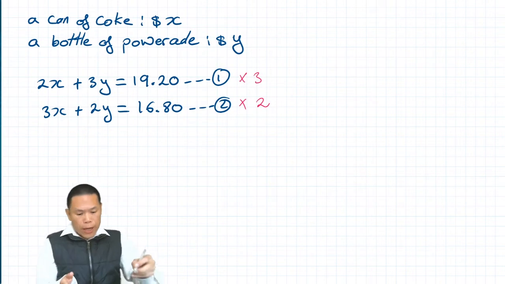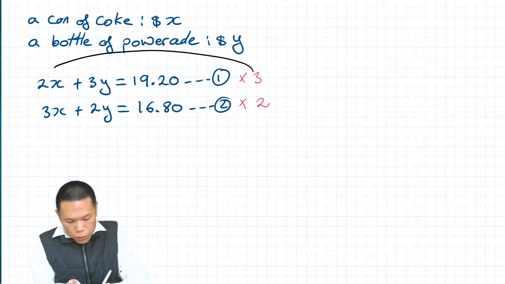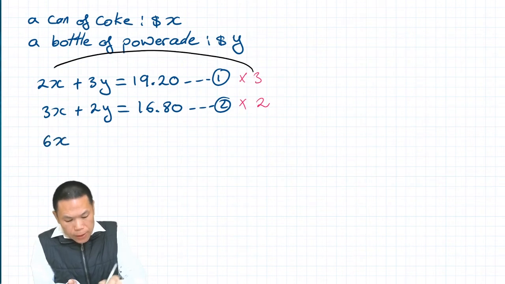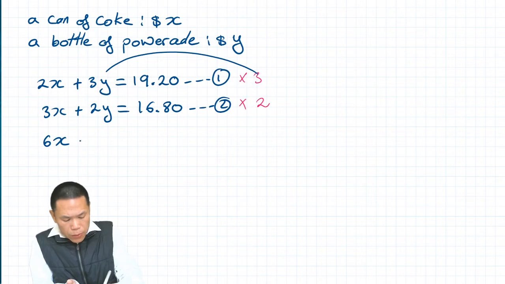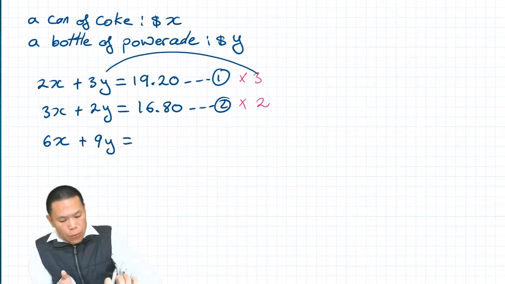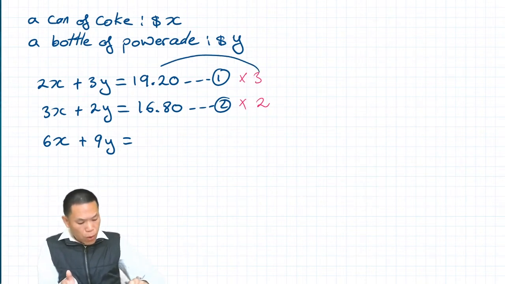So now we go 3 times 2, which is 6, so I write 6x, and then 3 times 3, which is 9, so 9y is equal to 3 times 19.20.